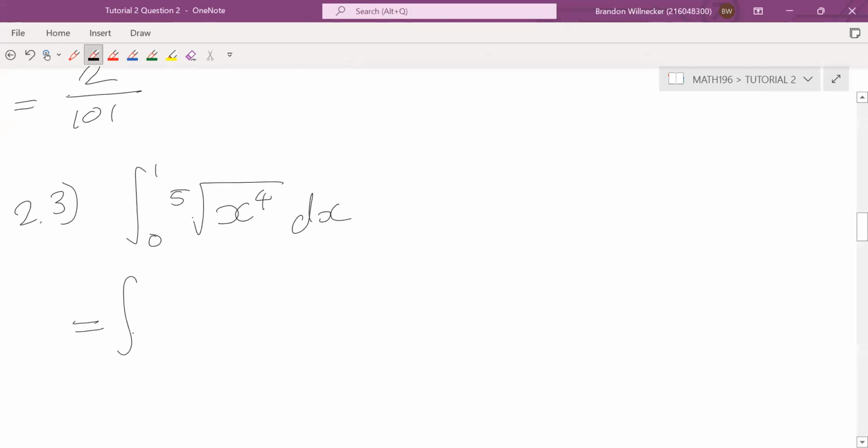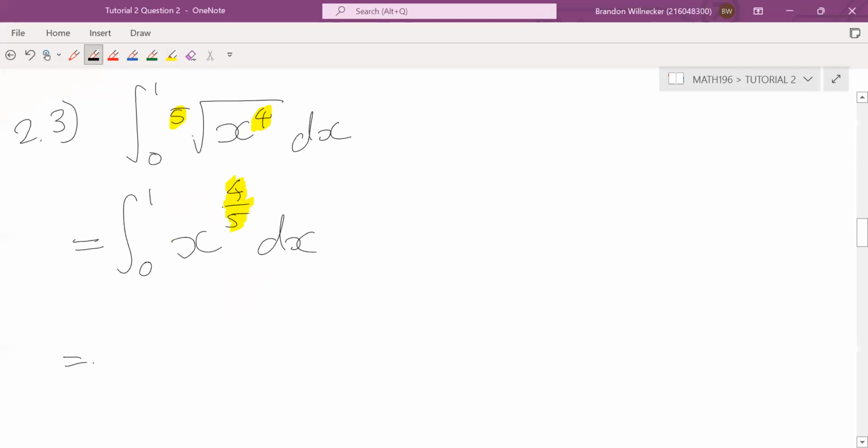So instead, we're going to write this as the integral from 0 to 1, x to the 4 over 5. This power and this root, we've combined into one exponent. Now that it's a single exponent, we can use the power rule.